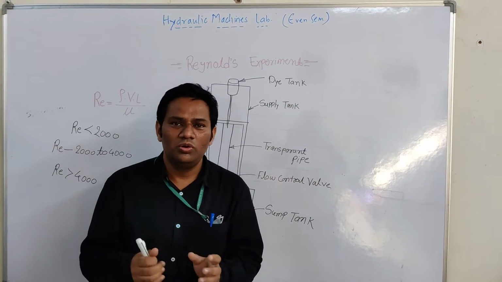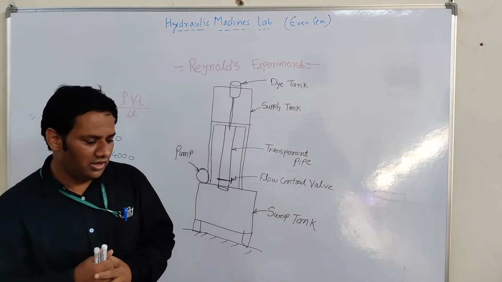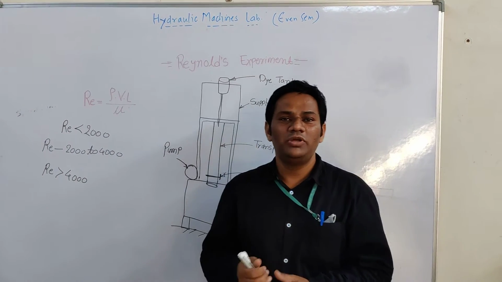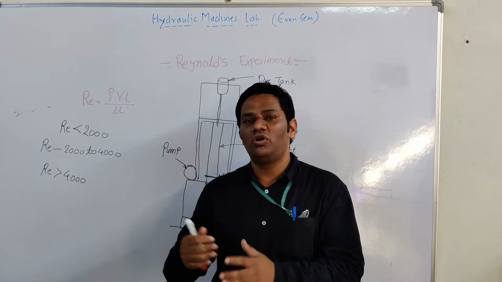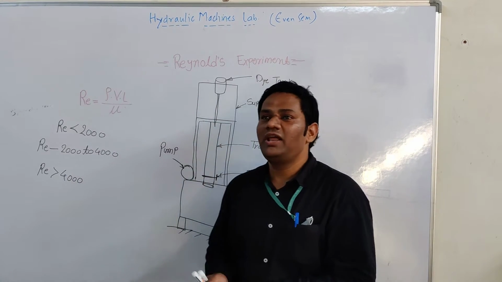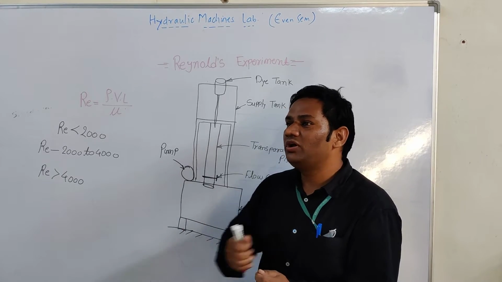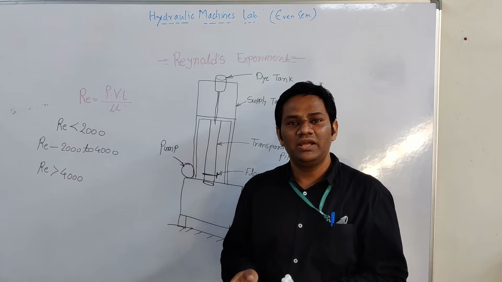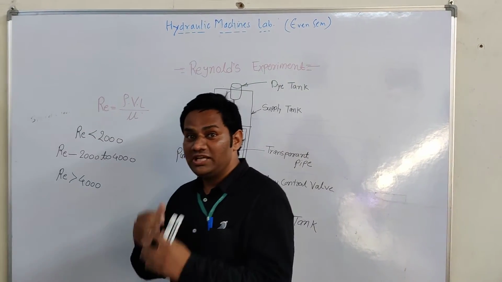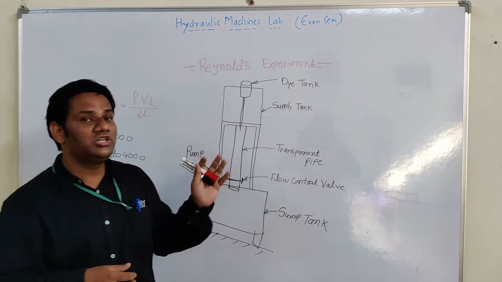We all know if we consider one pipeline and we have some flow in it, obviously there is some fluctuation of flow in that pipeline. If we have one constant flow, then all the particles of the fluid move in a straight line, but at the same time we have to maintain the velocity of flow also.